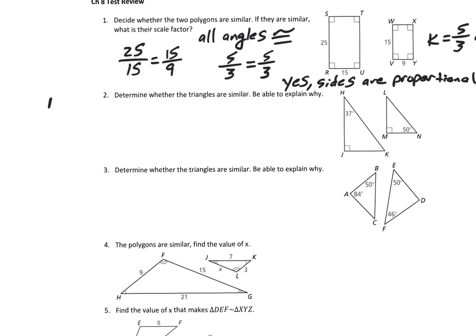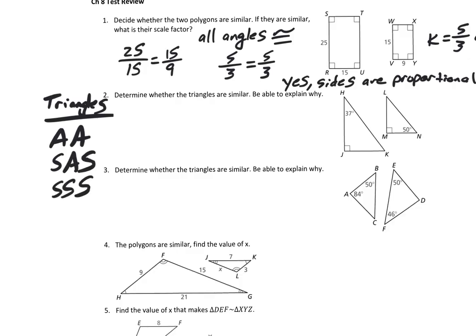Okay, if I tried to prove that triangles are similar, we've got 3 ways to do that. Angle, angle, side, or side, side, side. Okay, one of those 3. And so on these 2 here, we have triangles.